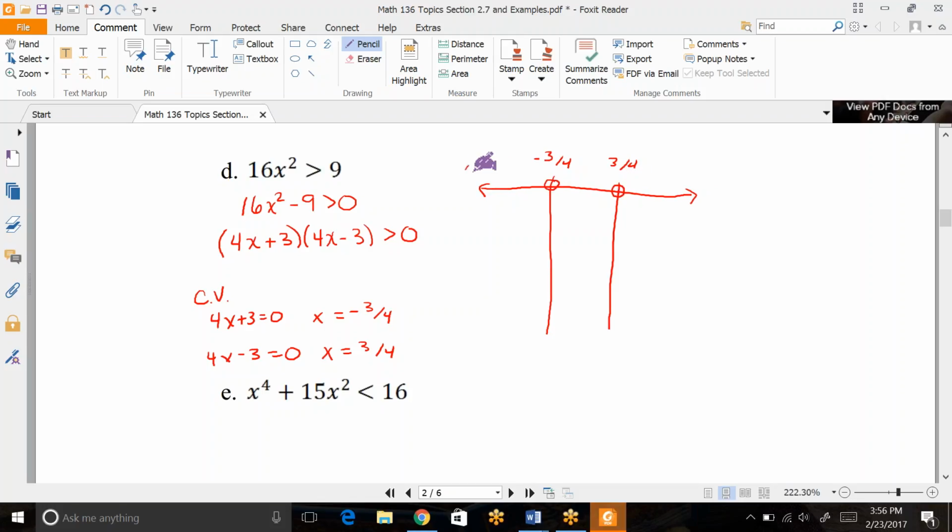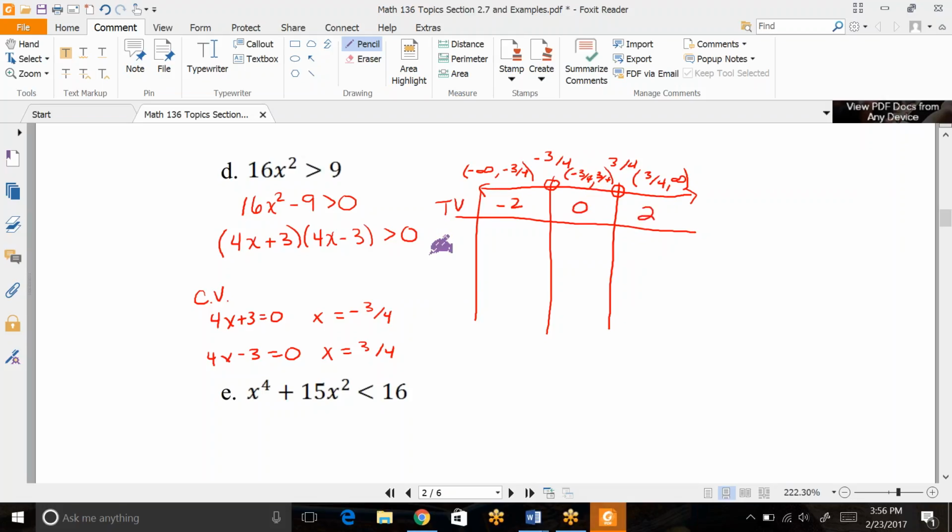And then this would be negative infinity to negative 3/4 with a parenthesis, negative 3/4 to positive 3/4 with a parenthesis, and 3/4 to positive infinity. Test values: smaller than negative 3/4, I'm going to use negative 2. In the middle between negative 3/4 and positive 3/4 would be 0, and bigger than 3/4 I'm going to use positive 2.